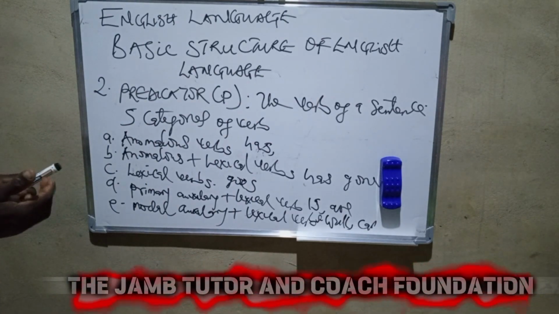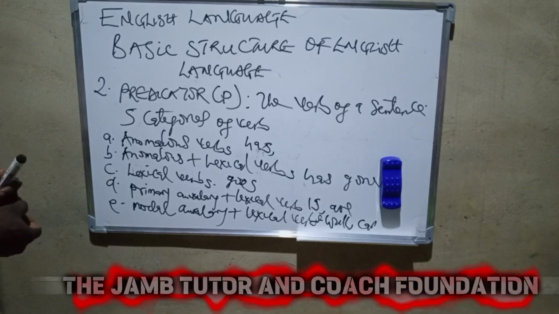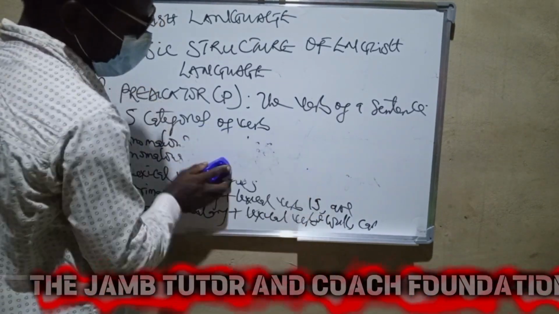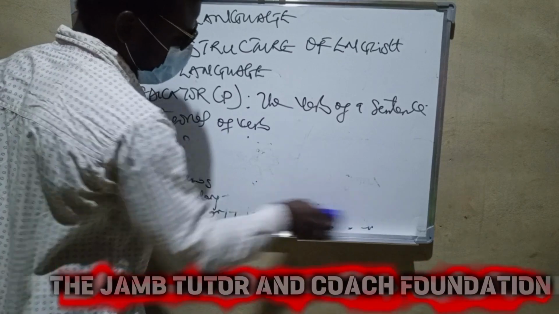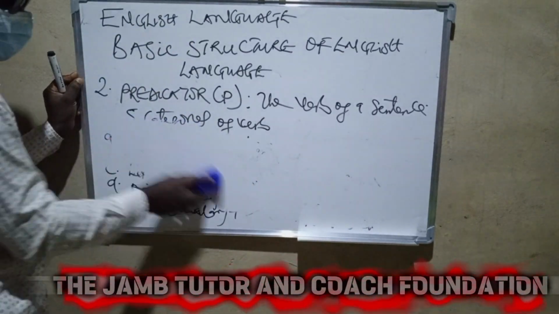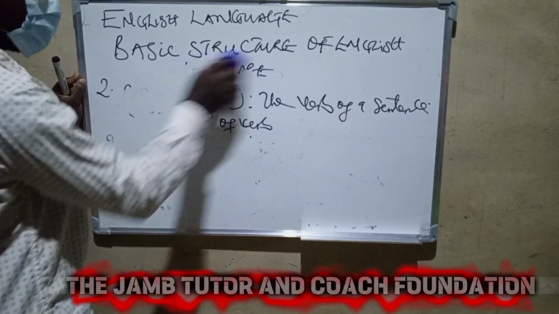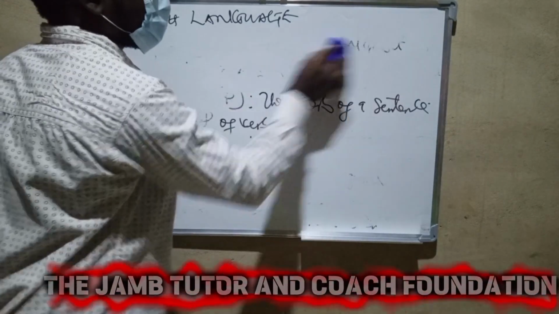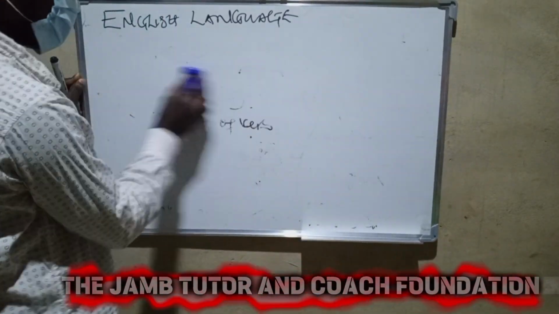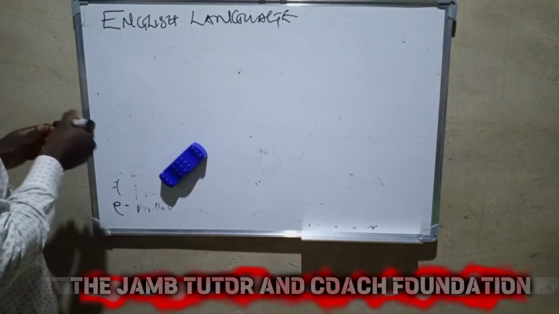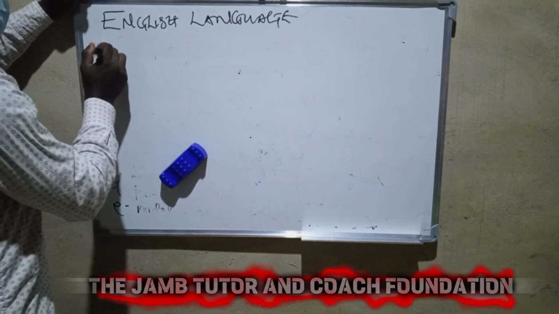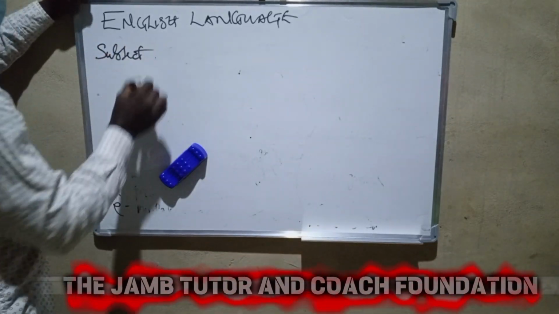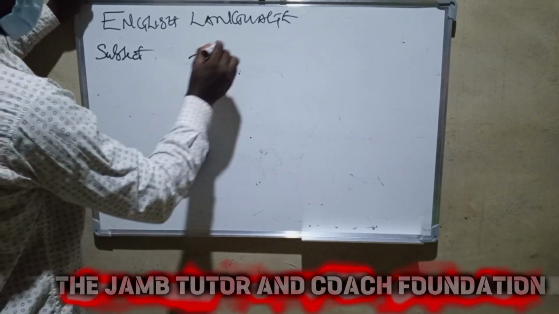So now if we want to form an English sentence, you take the subject with one of these categories of verbs. For example, your subject plus predicator.